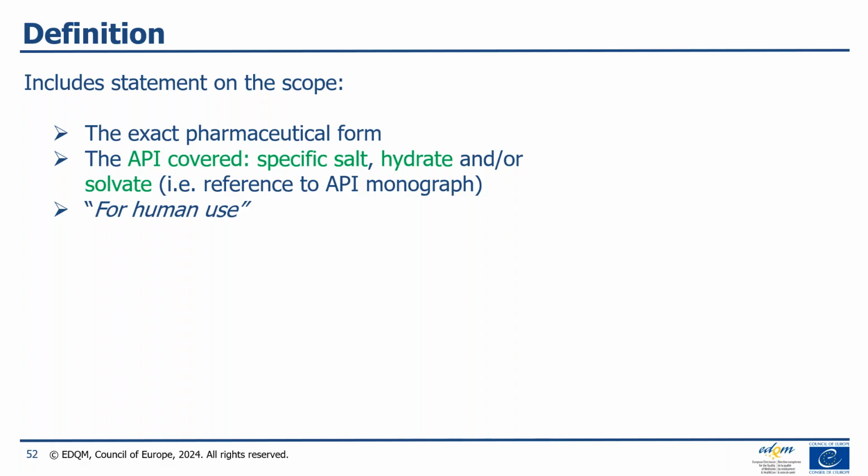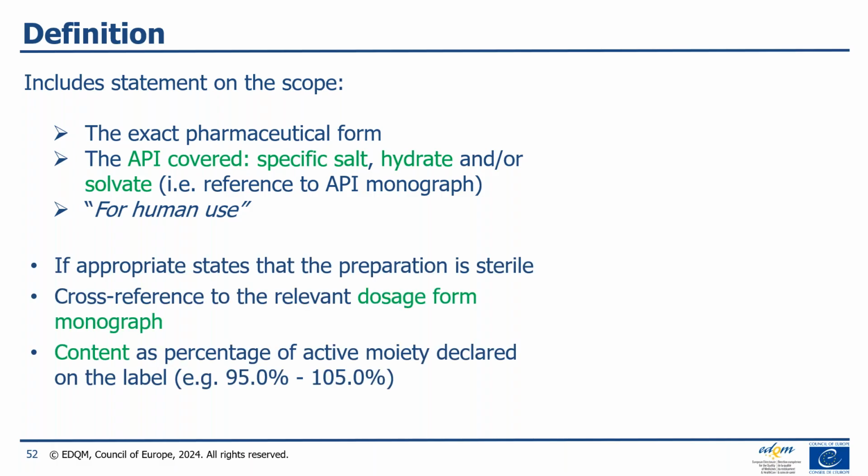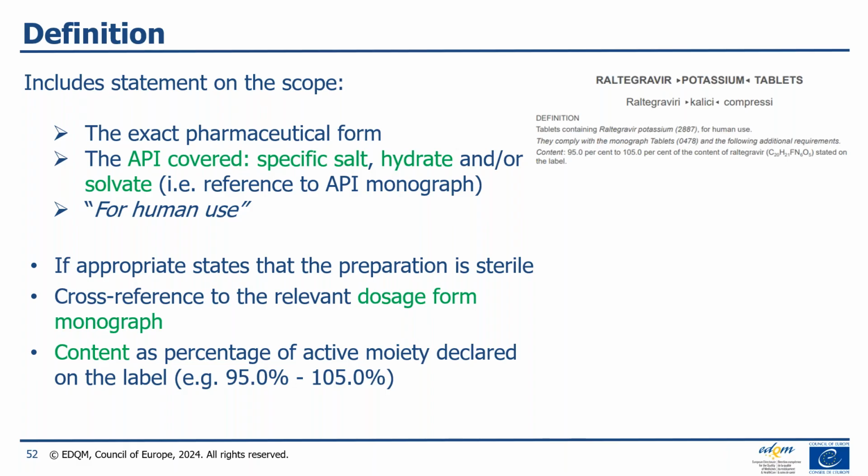It's also indicated that the medicinal product monographs are for human use only, and if appropriate, it can state that the preparation is sterile. Also given is the cross-reference to the relevant dosage form monograph.